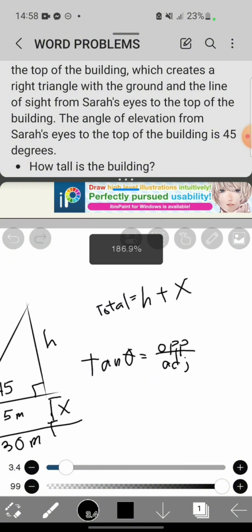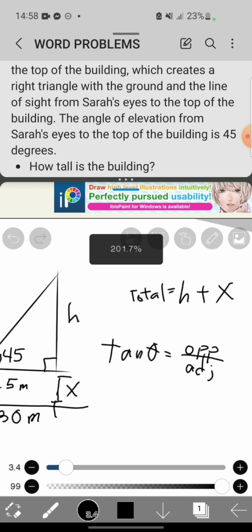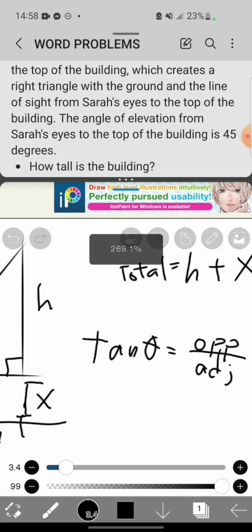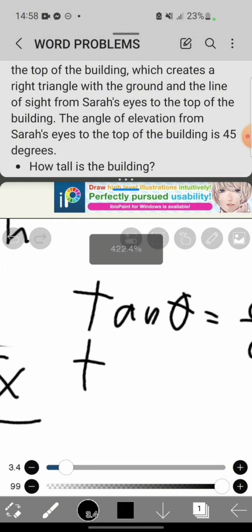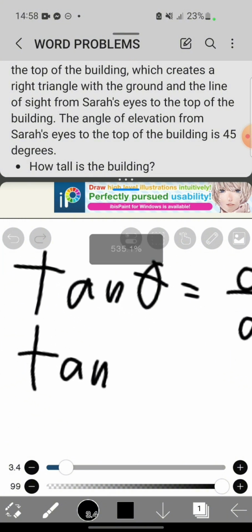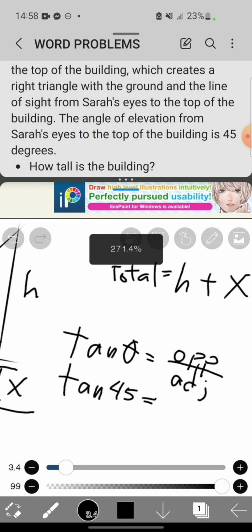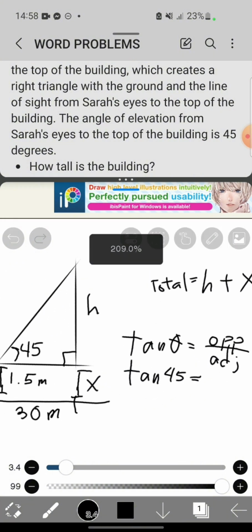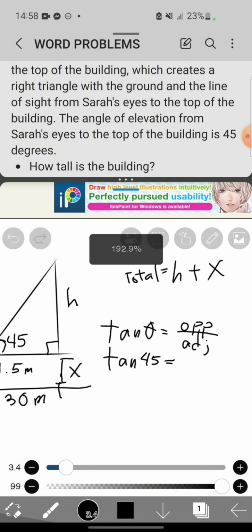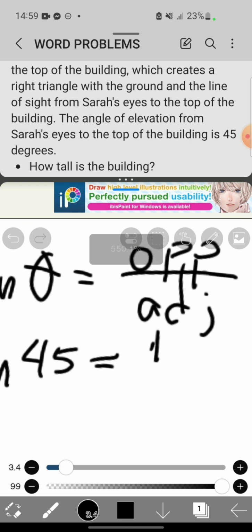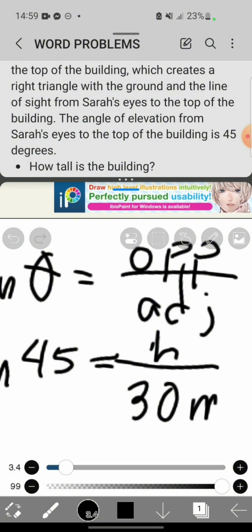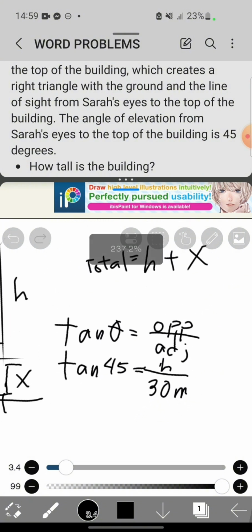So tan 45 is equivalent to, where the opposite is h and the adjacent is 30 meters, h over 30 meters.